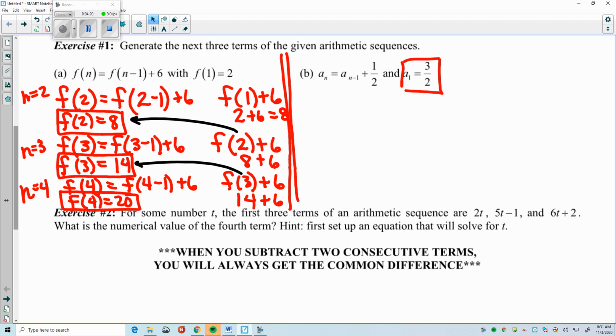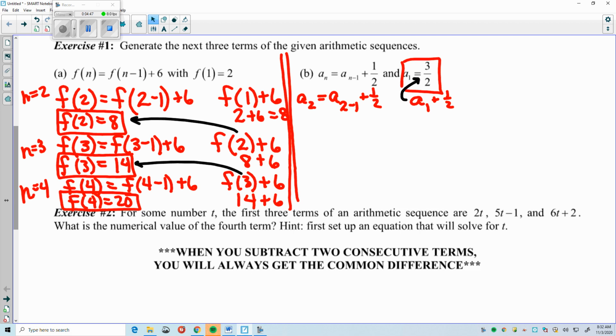Okay, so I want to find my second term. That means a sub 2. According to our definition, a sub 2 is like saying a sub 2 minus 1. So we have to simplify that and then add on 1/2. So a sub 2 minus 1 is like saying a sub 1 plus 1/2. Keep in mind our a sub 1 was our initial term back here.